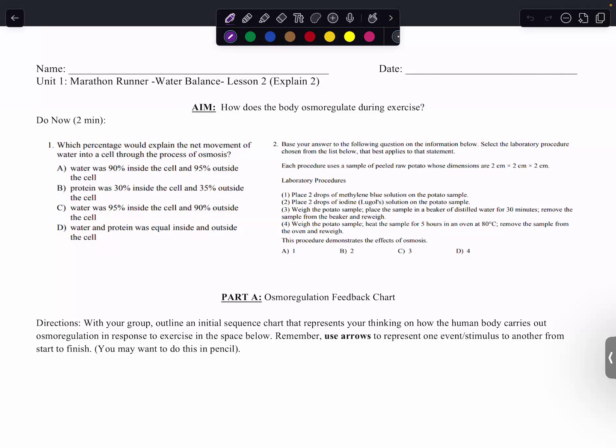So I can cross out anything that does not mention water or mention something other than water, right? So A says water was 90% inside the cell and 95% outside the cell. Well, it does contain water. B says protein. I don't have to continue to read because I don't care about the movement of protein because it asks us about osmosis.